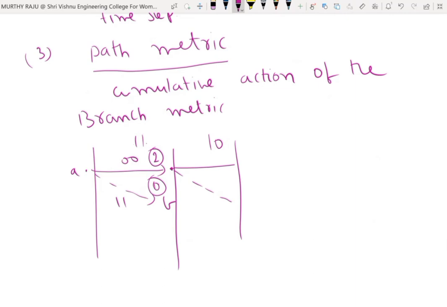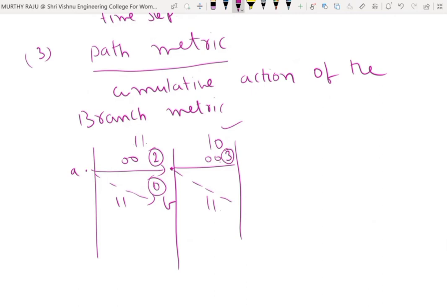That means cumulative addition of the branch metric. Consider the second time step. The received code word of length n bits, meaning 2 bits, is 1 0. Here 0 0, here 1 1. The Hamming distance between 1 0 and 0 0 is 1, one change is there. 1 plus 2, that means 3.